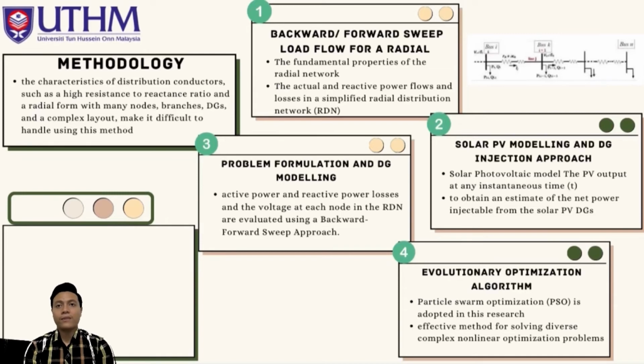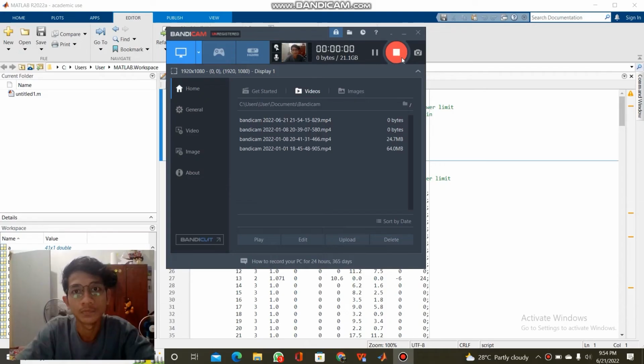In this part, active power and reactive power losses and the voltage at each node in the RDN are evaluated using a backward-forward sweep approach. For the last part is the evolutionary optimization algorithm. In this part, particle swarm optimization (PSO) is adopted in this research, an effective method for solving diverse complex nonlinear optimization problems.